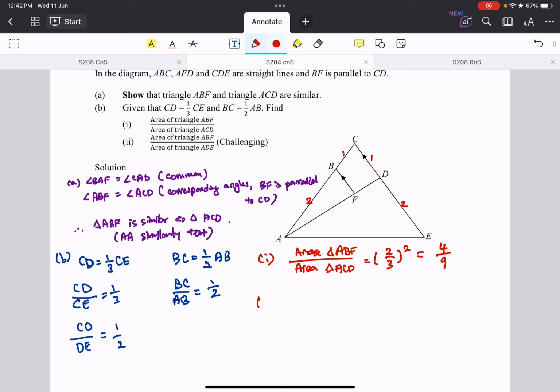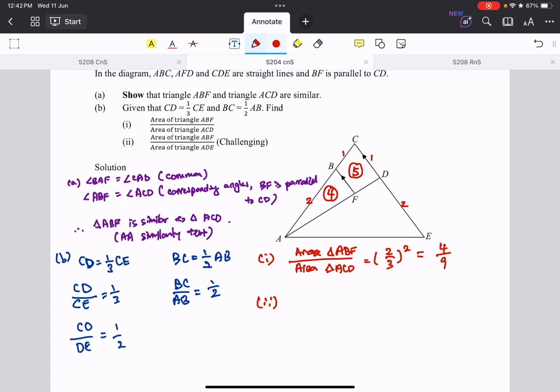Then for part 2, we have triangle ABF to ADE. Now these two don't have a direct comparison, but what we do know is that if this portion here is 4 units, this portion here will be 5 units, so that the total is 9 units.